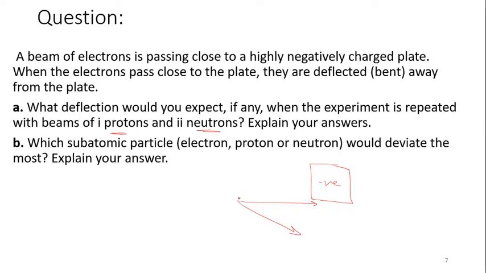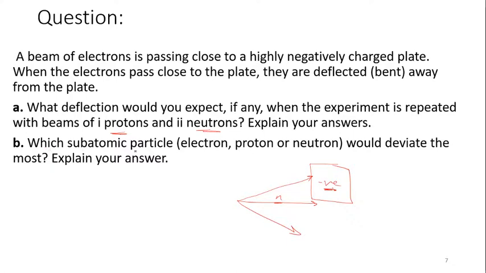If I repeat this experiment using a beam of protons, the beam would be deflected towards the negatively charged plate, while neutrons will not be deflected. They will not be affected by the presence of the charged plate.